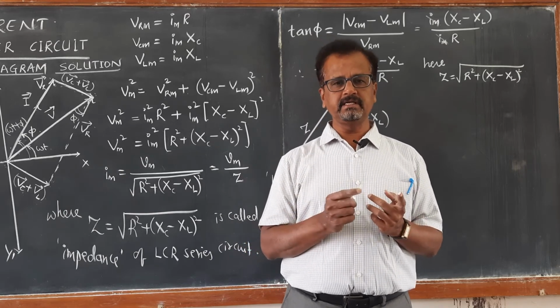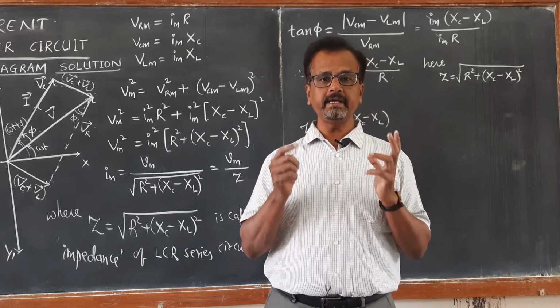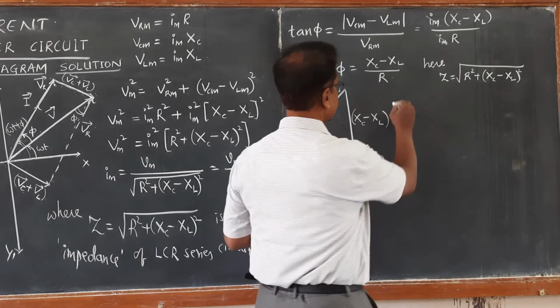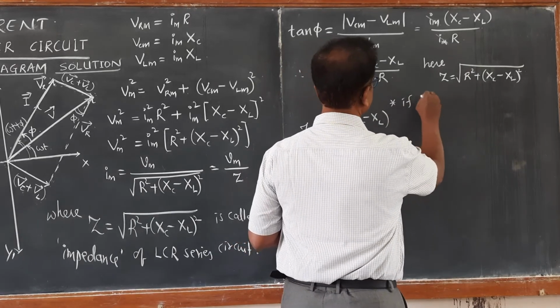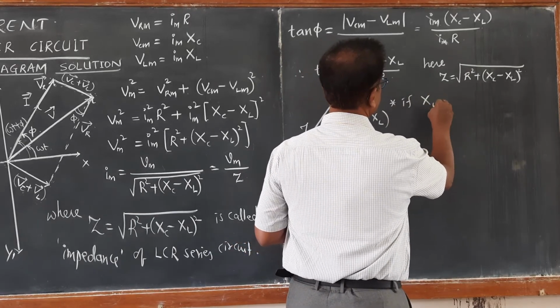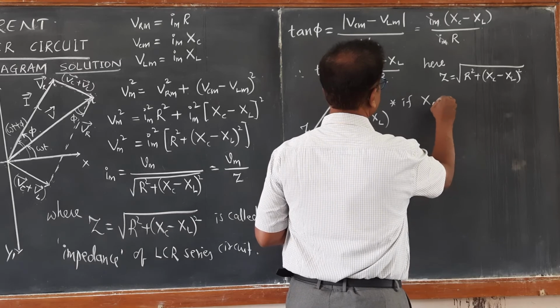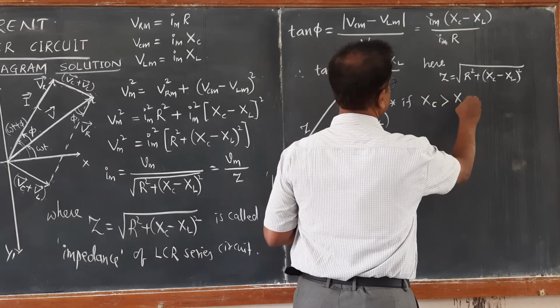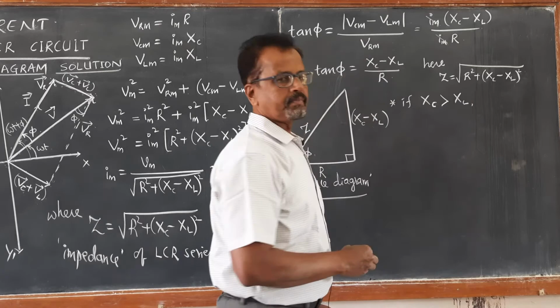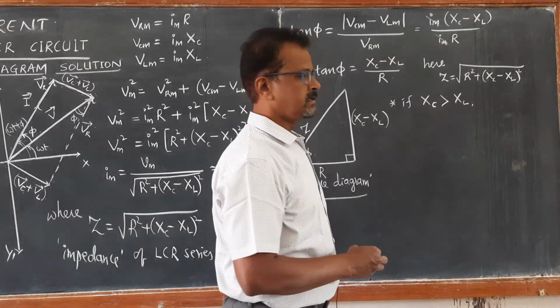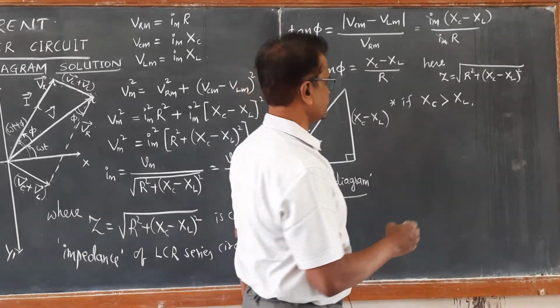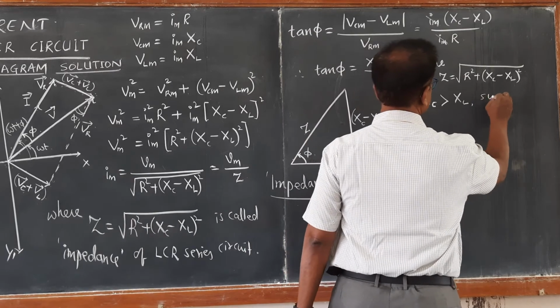Such a circuit is predominantly capacitive. So we can write here, if XC is greater than XL, such an LCR circuit is predominantly capacitive.